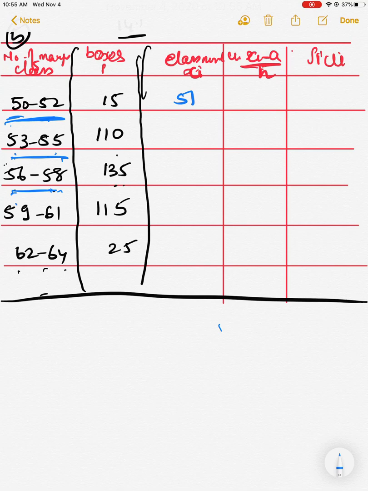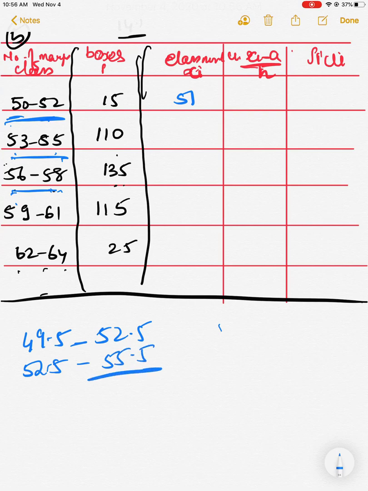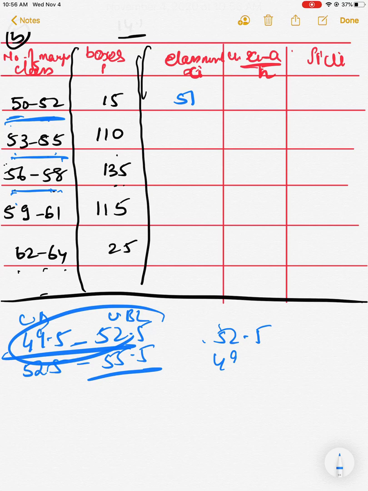Lower class limit is 50, subtract 0.5, 49.5. For the upper limit, 52, add 0.5, 52.5. In the second class, 53 subtract 0.5 is 52.5, and 55 add 0.5 is 55.5. Now this is the upper boundary and this is the lower boundary. Subtract: 52.5 minus 49.5 is equal to 3.